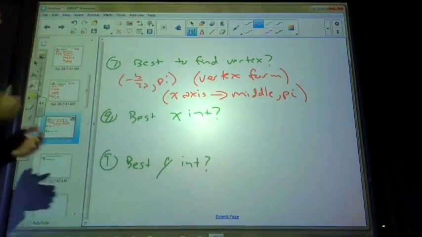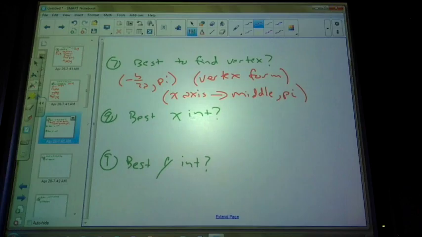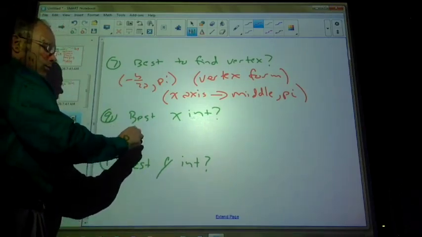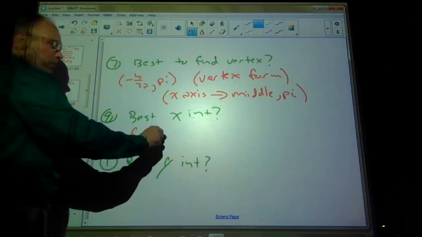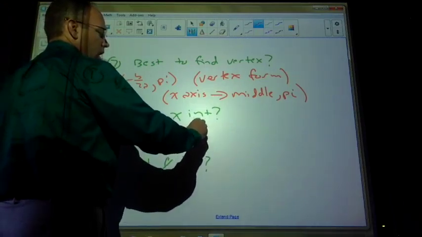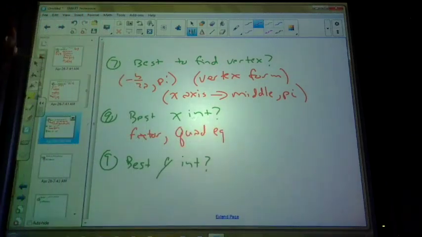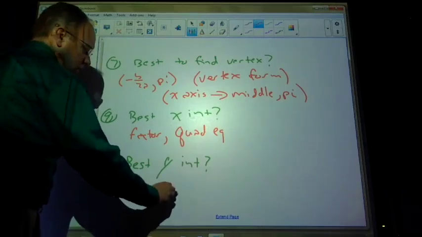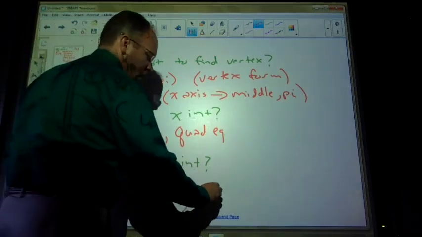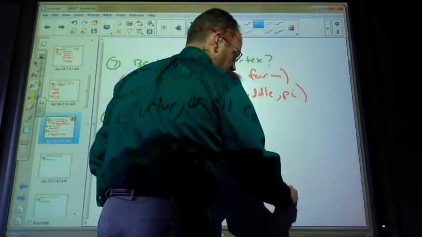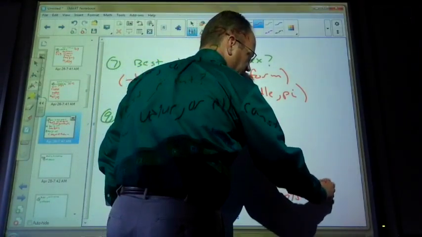So that's another thing. Best way to find the x-intercepts? Find it, factor it, or use the quadratic equation. Those will both find your x-intercepts. Best way to find the y-intercept, it's your c value or all constants multiplied.